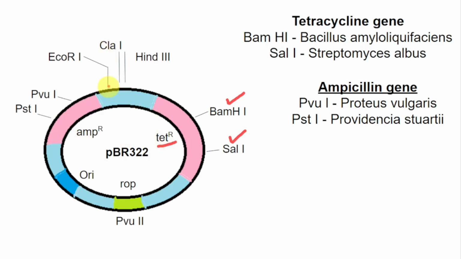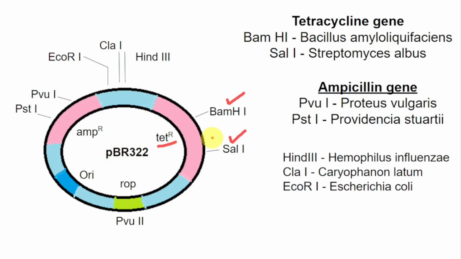So if you use these restriction enzymes, it won't cause insertional inactivation of these two resistance genes. EcoRI: Eco stands for Escherichia coli, ClaI stands for Caryophanon latum, and HindIII stands for Haemophilus influenzae. The last one, PvuII, again Pvu stands for Proteus vulgaris.